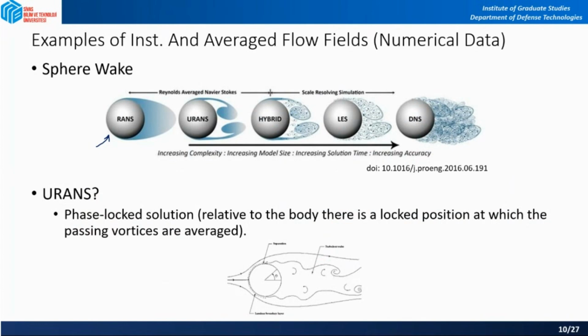So the DNS is actually at the other extent, which is giving you the instantaneous field.